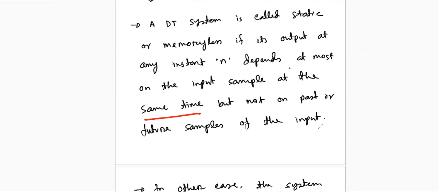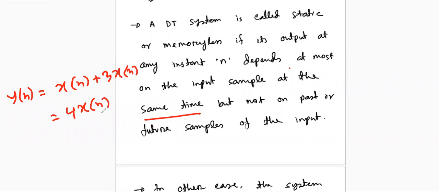That means if your system output depends on x(n) plus, let's say, 3x(n), that means it actually is 4x(n). It actually depends on only your present value, no past value or future value.